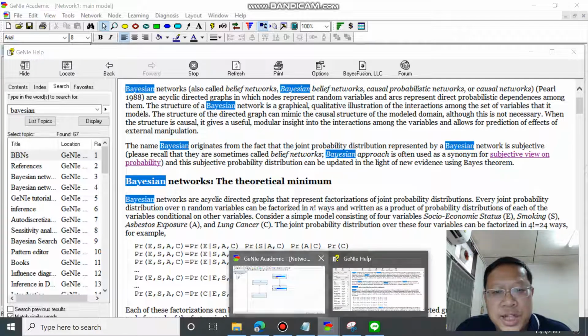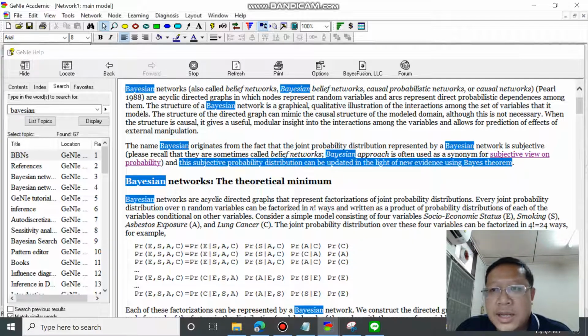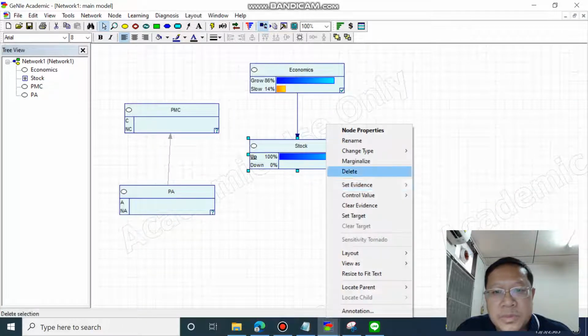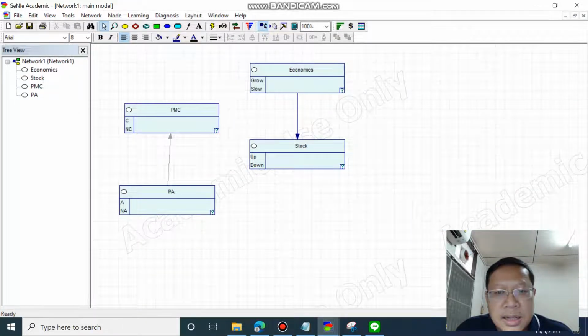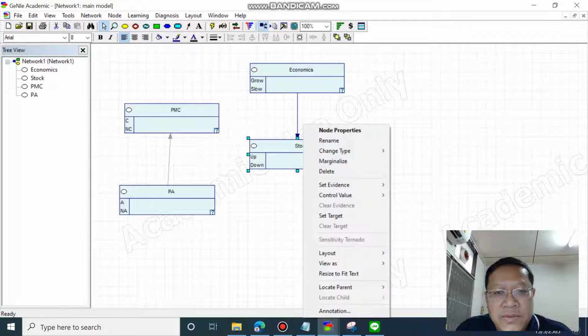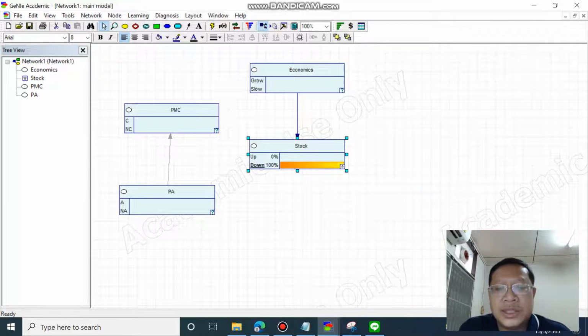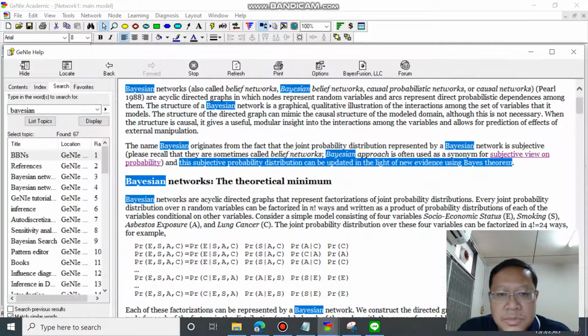Look here, this is the new evidence. I release the evidence. For example, the new evidence is that stock price goes down. The subjective probability distribution can be updated in the light of new evidence using Bayes theorem. So we are going to compute the subjective probability distribution.